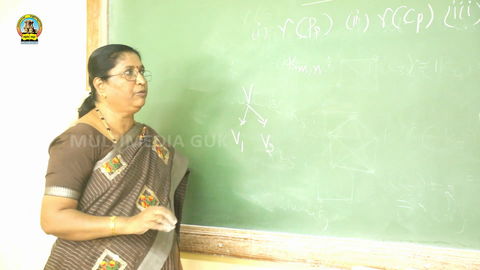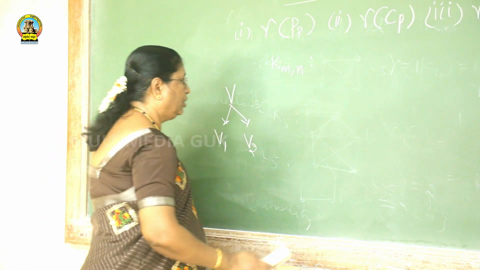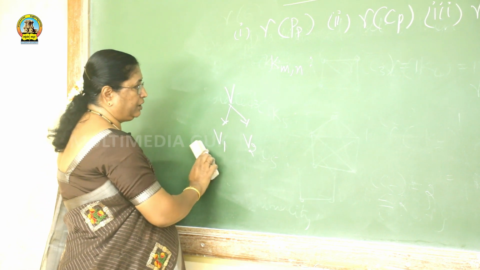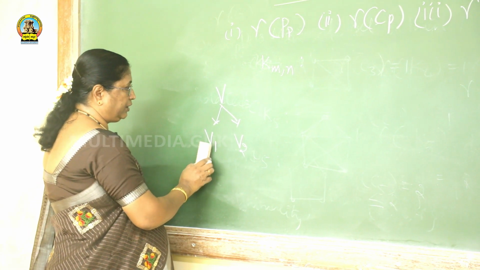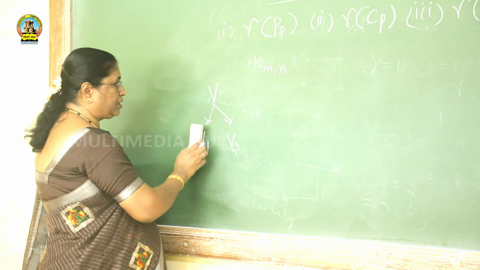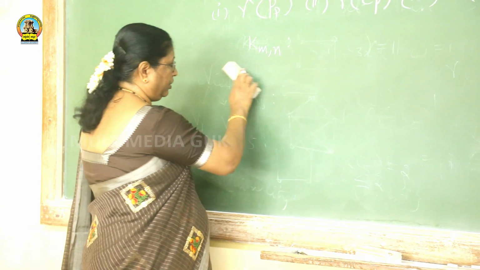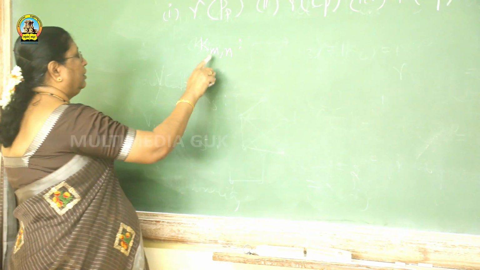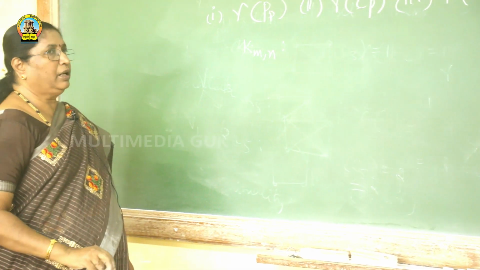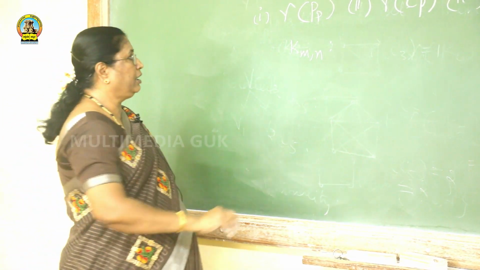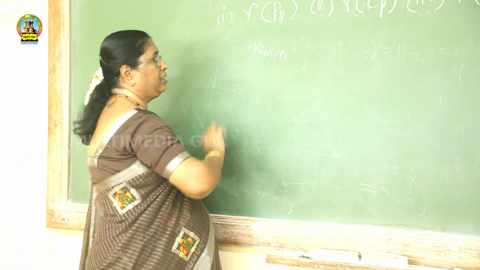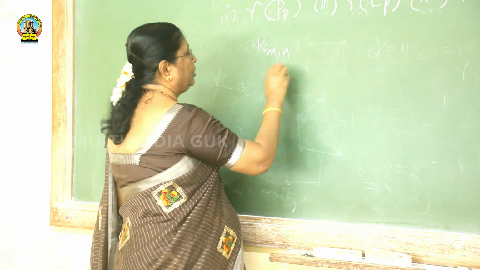This is the meaning of bipartite. Bi means two: the vertex set is divided into two subsets, where M and N are the numbers of vertices, M in V1 and N in V2.